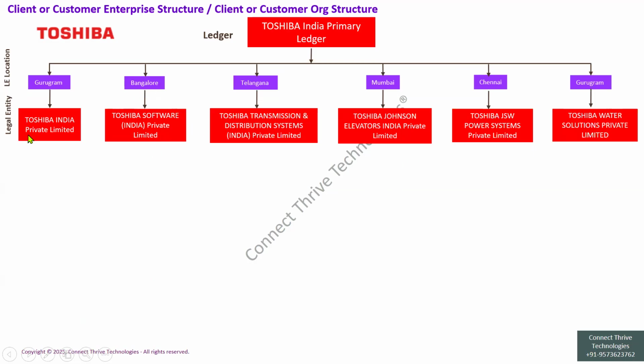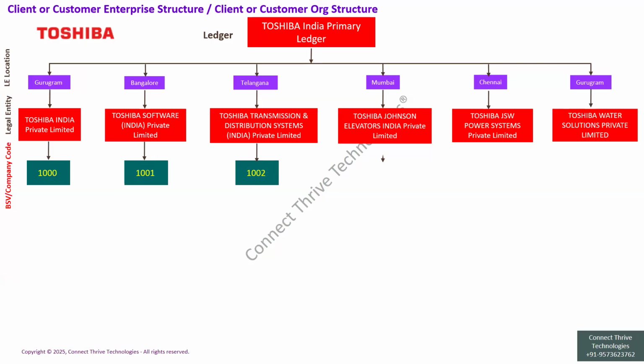To record these legal entity level transactions in our Oracle Fusion, we identify each legal entity by creating a company code, or balancing segment value. For Toshiba India Private Limited, we can create company code 1000, for the software related Toshiba entity 1001, and for Toshiba Transmission Distribution Systems India Private Limited 1002.